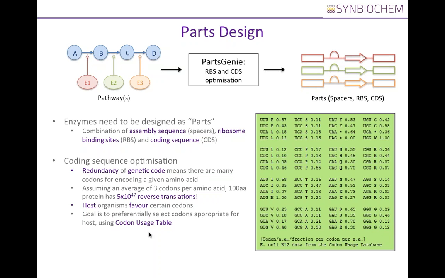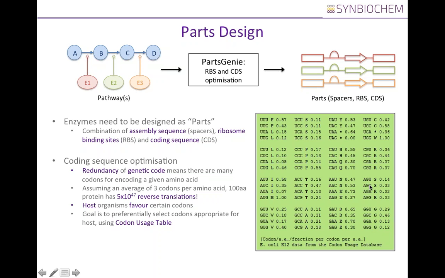One of the things that we're looking at is optimizing the codon sequences. Now, if we look at this table here, we can see that there's a lot of redundancy in the genetic code. If we wanted to encode a serine in DNA, for example, there are a number of codons that we can use to represent serine. There's 4 there, there's another 2 here.